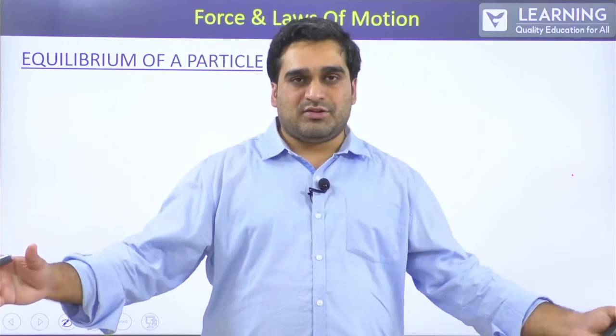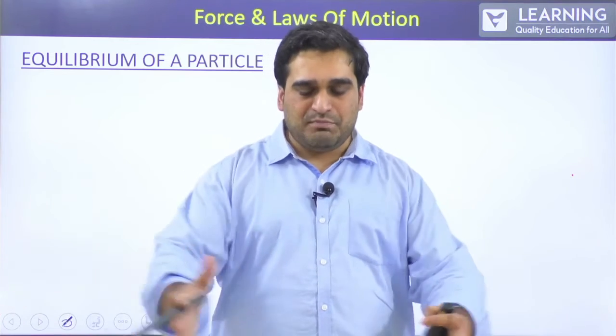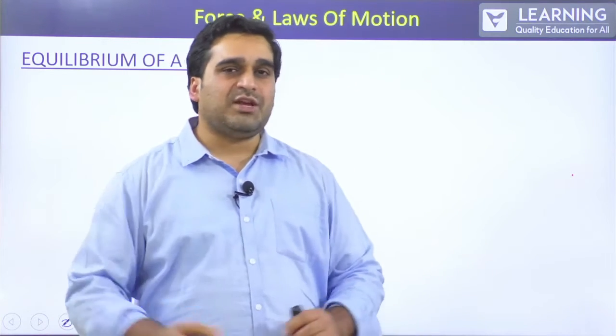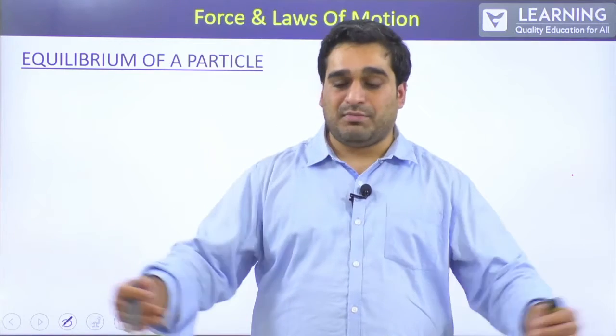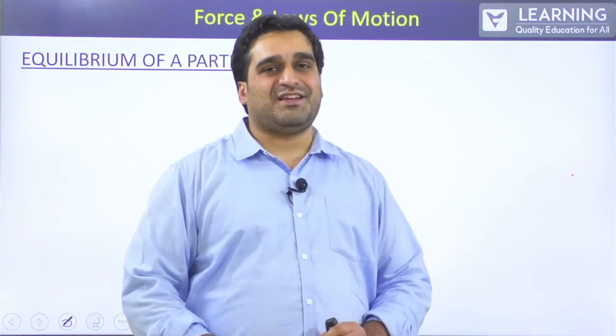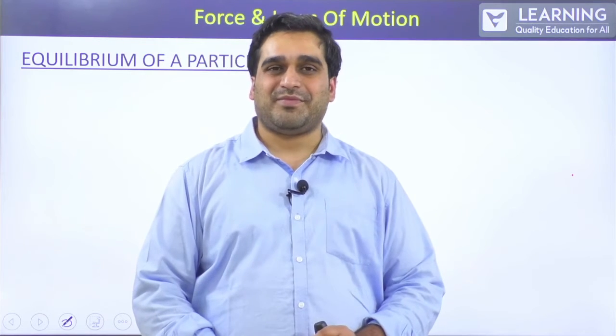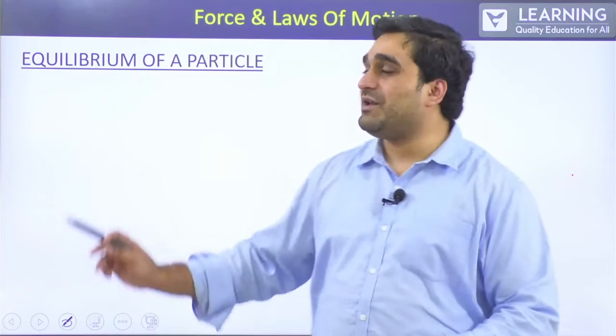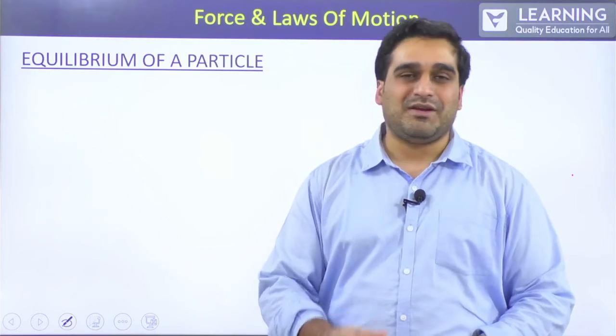Two persons on either end push the box with equal forces. Though there are equal forces acting on the box in opposite directions, the box remains stationary. It does not move. So why doesn't this box move? Because it has attained what is called equilibrium.